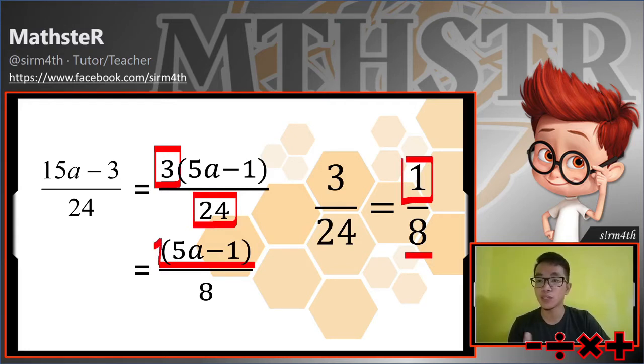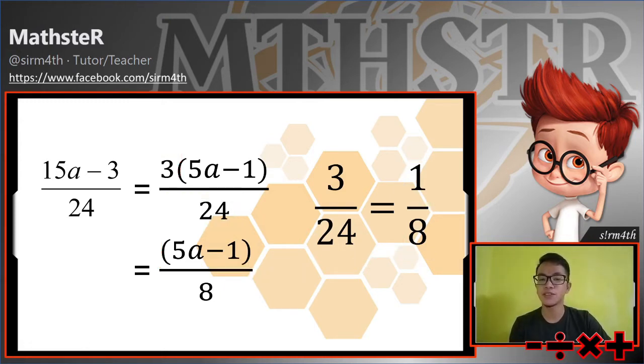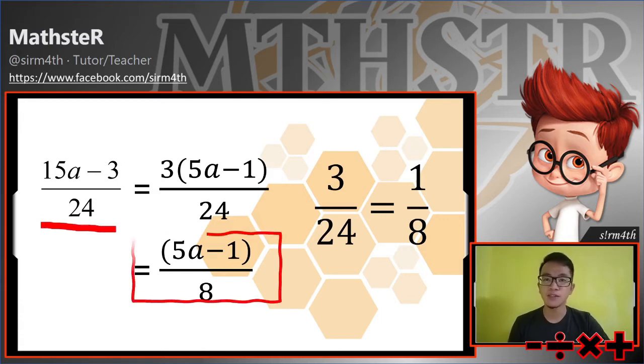Yan, okay, so may 1 tayo dyan sa labas. At yung 8 natin, na-copy lang natin dito. So kaya naman, ang magiging final answer dito sa ating rational algebraic expression na 15a minus 3 over 24 will be 5a minus 1 over 8. Okay? I hope nakuha tong ating first example, so we can proceed to example number 2.